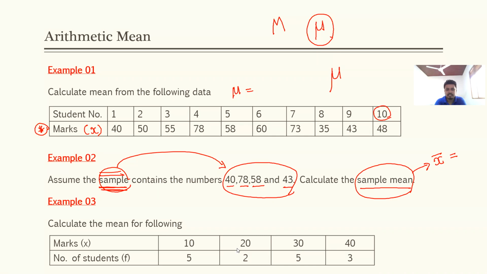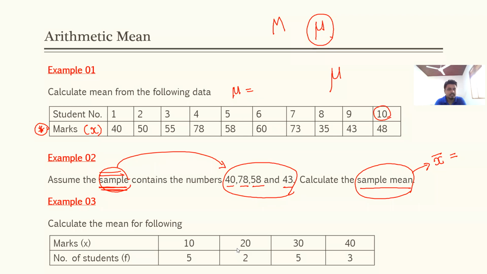Is it an individual data set, an ungrouped data distribution, or a grouped data distribution? What kind of a distribution is this? Yes, this is an ungrouped frequency distribution.